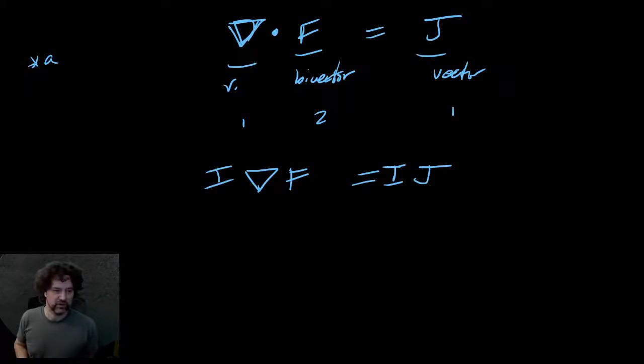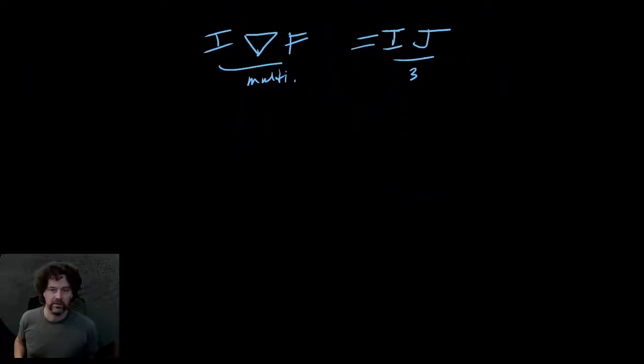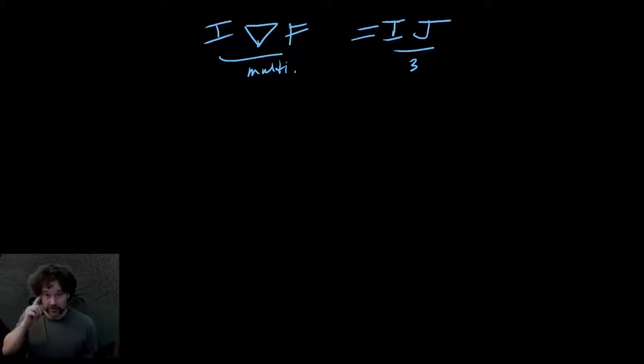In our case, we have 4, so if we had a vector, then star A would be a 3-form. So we're going to apply a duality transformation to both sides. Now we have grade 3, and we have a multivector here, but grade 3 is going to have the isomorphism to the 3-form that we want.